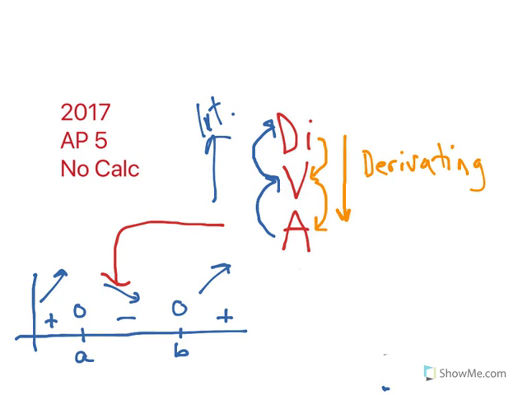And there are 3 words I'd like to look at as we talk about these DIVA problems: distance, displacement, and position. Now, what's the difference between the 3? If we're asked for the distance something has traveled, that's the total distance, meaning positive distance traveled adds on and negative distance traveled adds on.